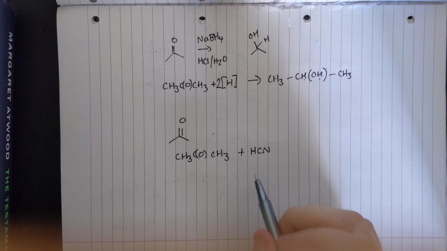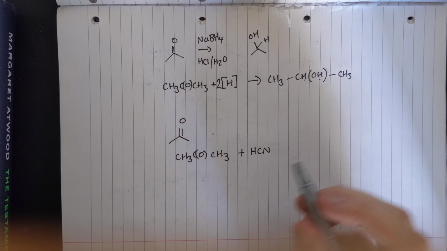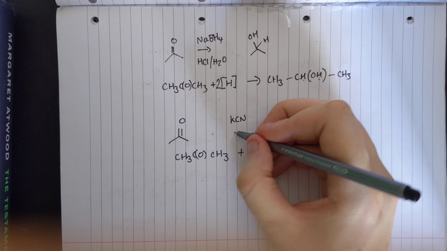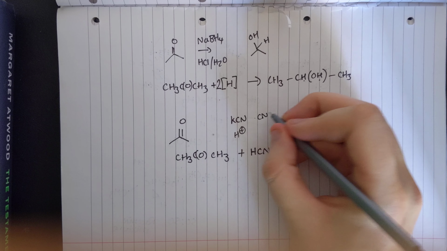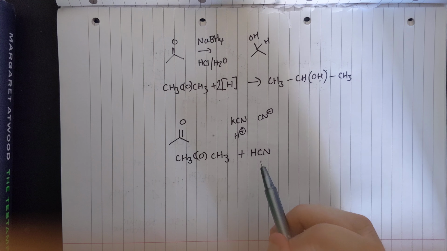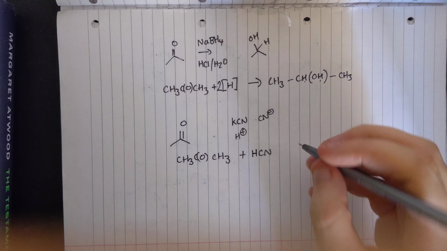Now, we do not use HCN in the reaction. If you use HCN, you're not going to get a reaction occurring. What you're going to use is KCN, but then you're going to follow it up with a source of H plus ions afterwards, and the CN minus and the H plus together are like HCN. In terms of the overall reaction, it's as if we used this, but we didn't actually.